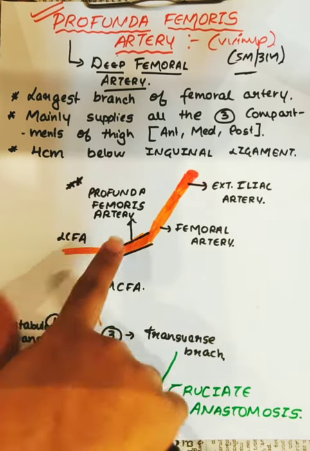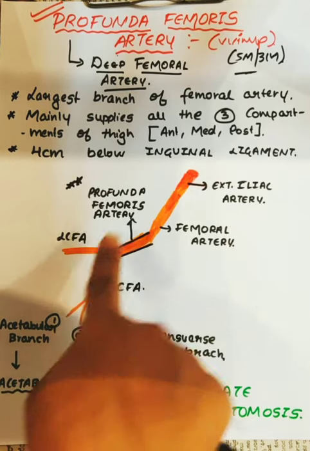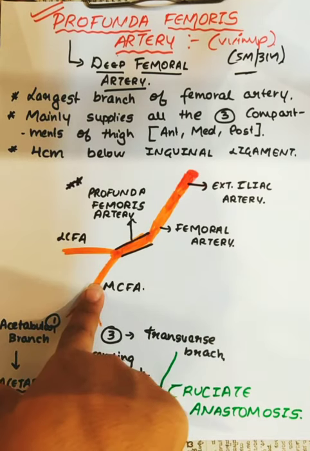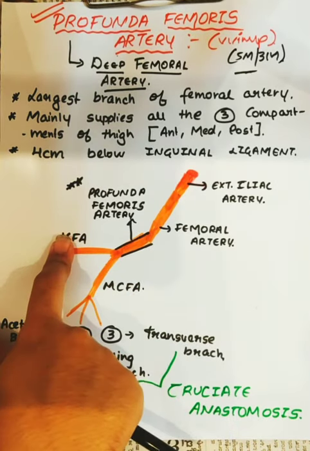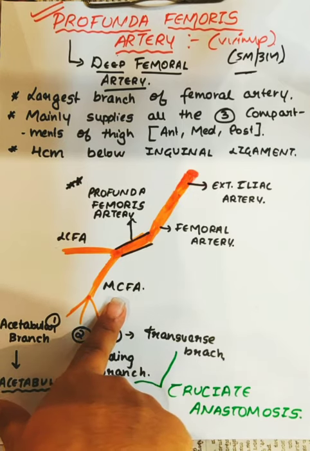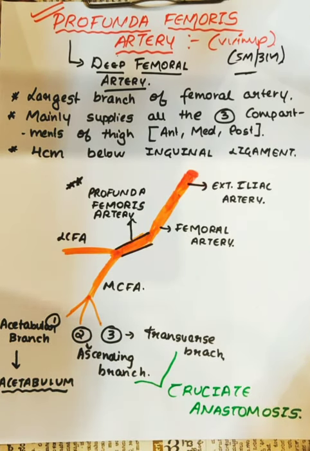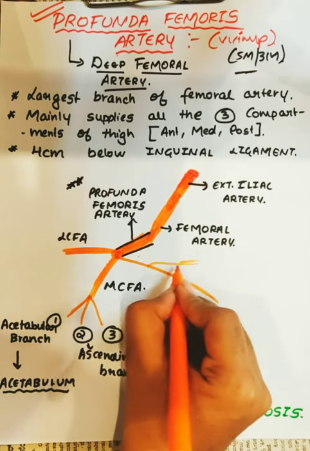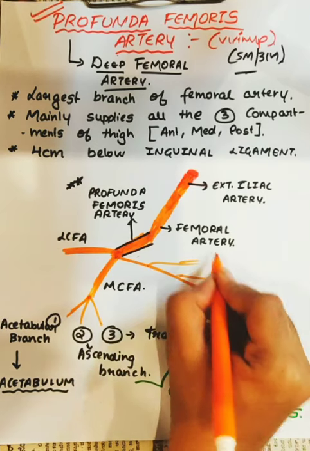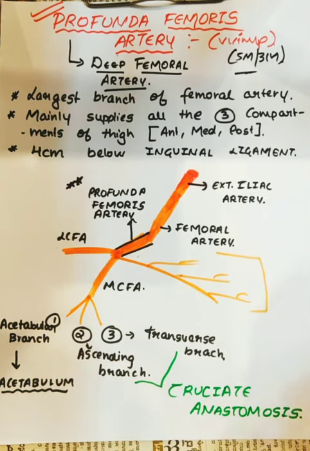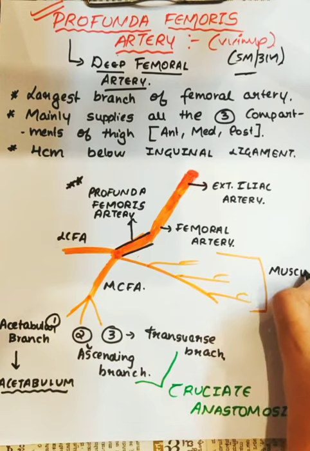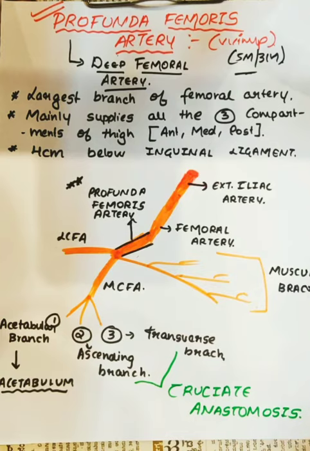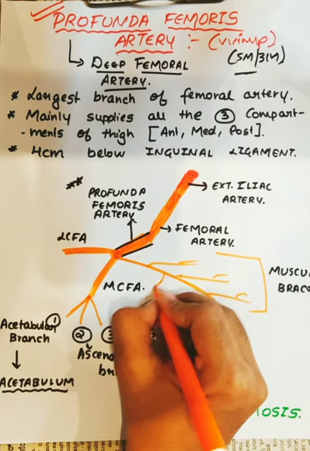The lateral circumflex femoral artery and the medial circumflex femoral artery are the branches of the profunda femoris artery. So that was about the medial circumflex femoral artery. It also has some muscular branches and 4 perforating arteries.